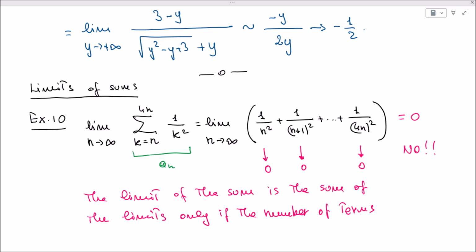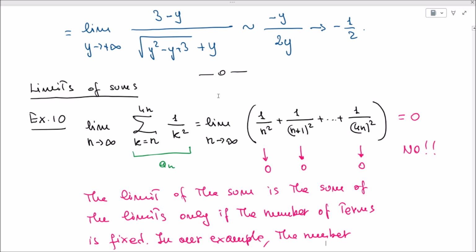In our example, the number of terms grows with n.